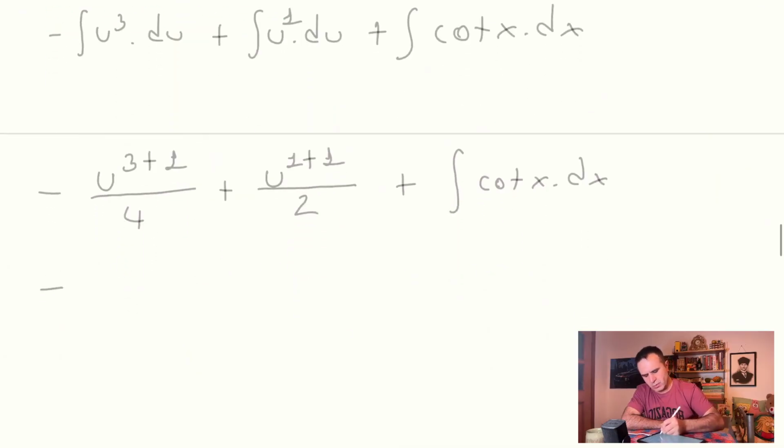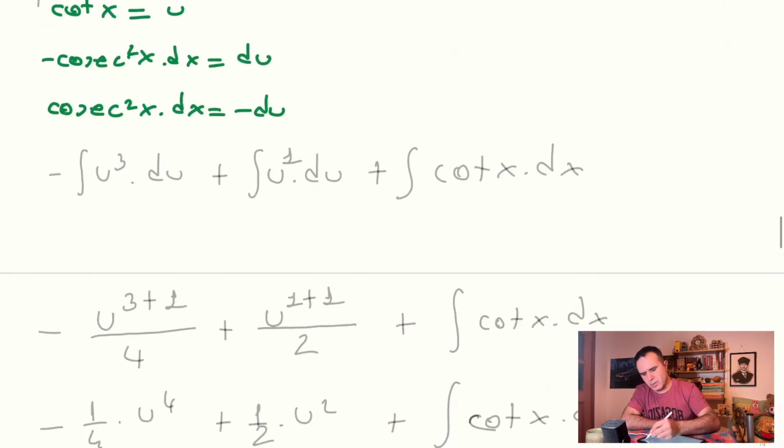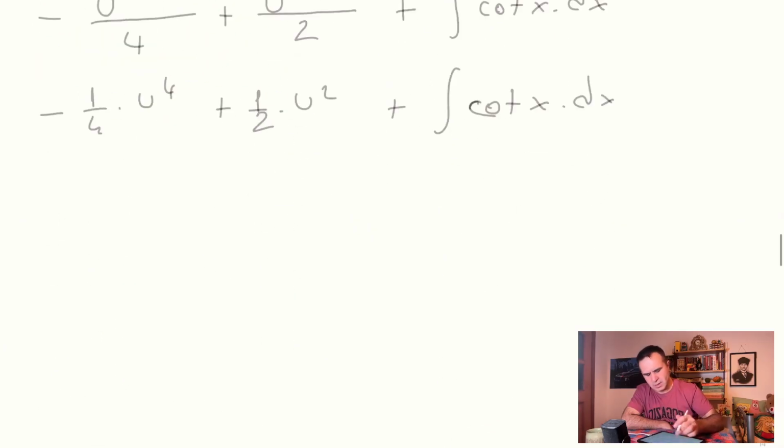This means minus 1 over 4 u to the power of 4 plus 1 over 2 u squared plus the integral of cotangent x dx. But our u was cotangent x, so minus 1 over 4 times cotangent to the power of 4 of x plus 1 over 2 times cotangent square of x.